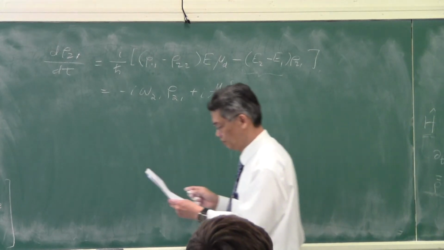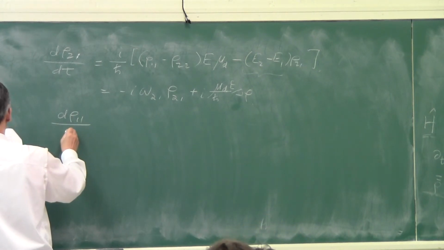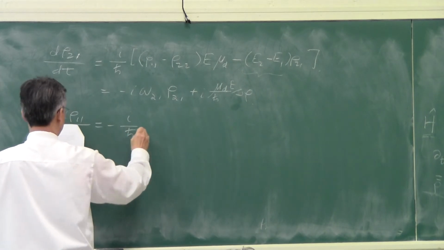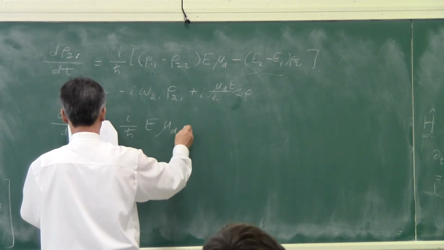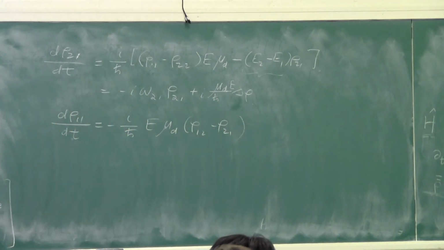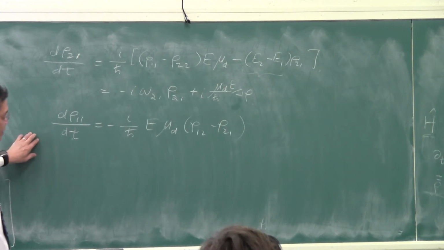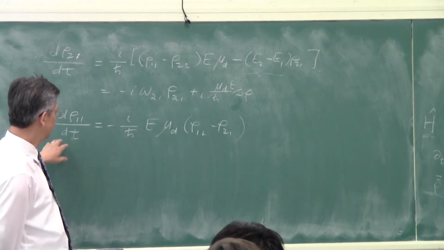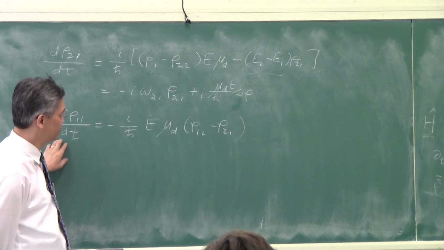Actually, I can write down the equation of motion for rho 1,1 as well, the probability density for level 1. It says that the probability density for level 1 would not have changed if there's no electric field present. If the atom is in state 1, it remains in state 1 without change.